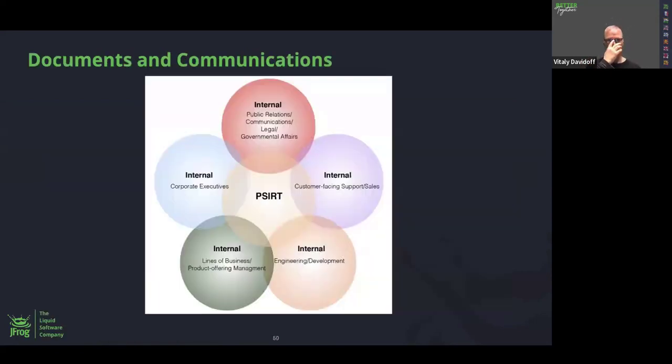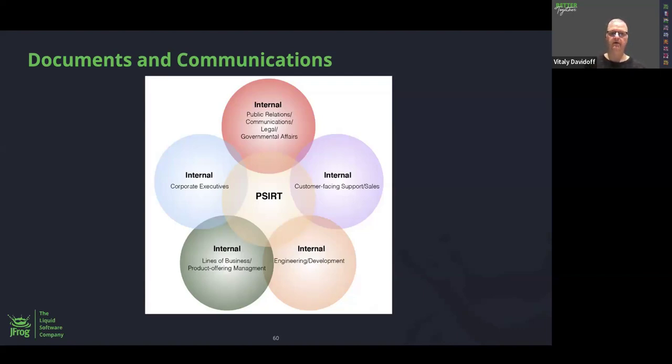Okay, so documents and communications. As I said, there are a lot of parts involved in incident response in general, but once we have software security here and critical CVEs, first of all, we are talking about R&D. The R&D, the developers and the R&D managers, they are stakeholders for triaging the CVEs or critical vulnerabilities in the software.